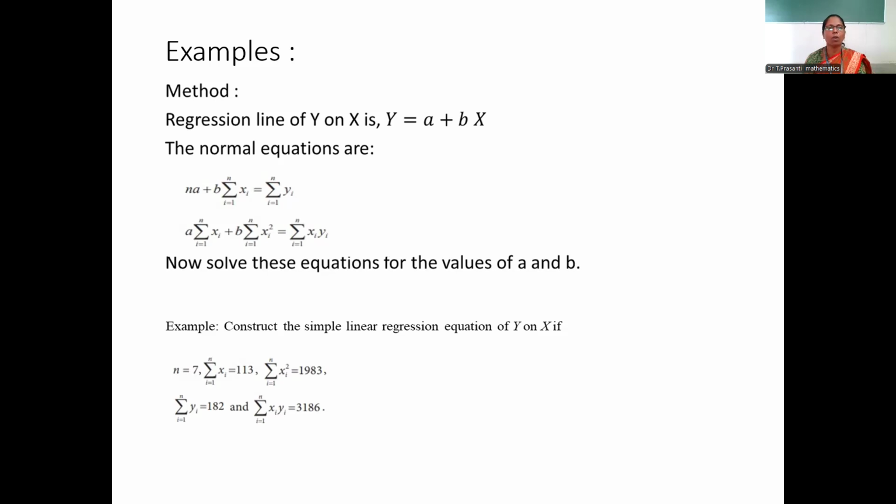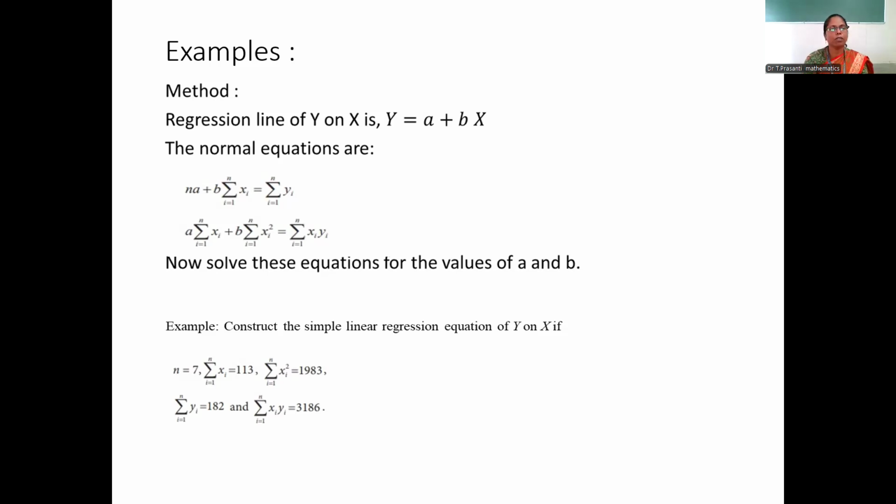To get the second normal equation, multiply with the independent variable, and you will get xy is equal to ax plus bx square. Now again apply the summation symbol and you get the second normal equation. By solving these two normal equations, you get the values of a and b. Substitute the values of a and b to get the required regression line of y on x.